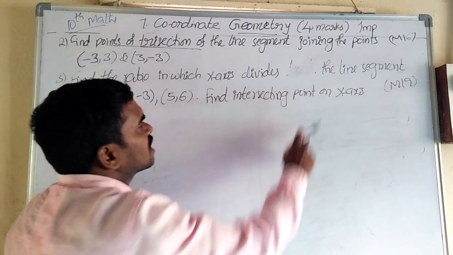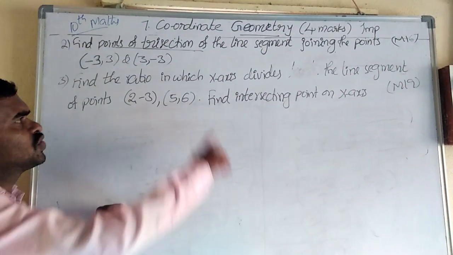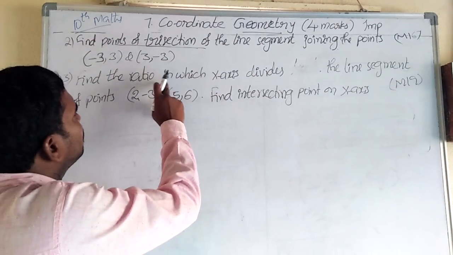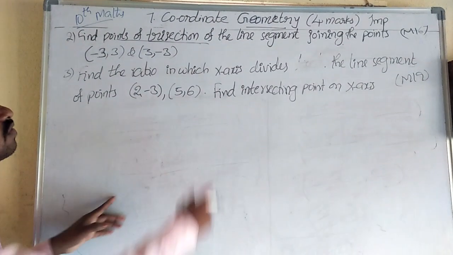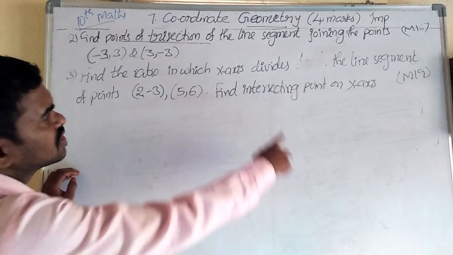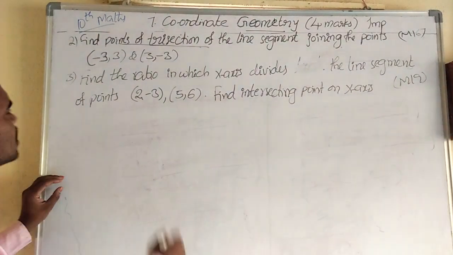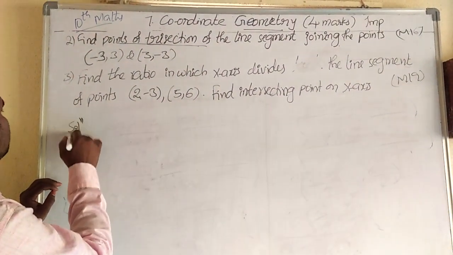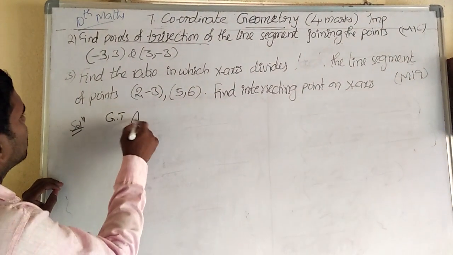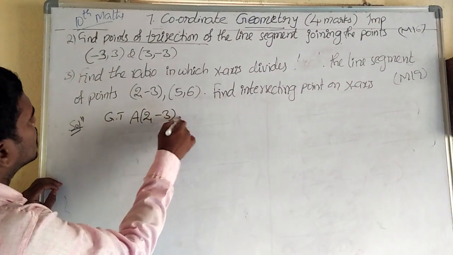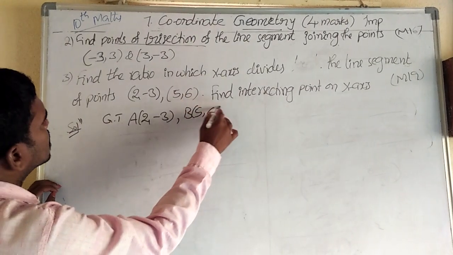Find the intersecting point on the x-axis. In these two questions, one is to find in which ratio the x-axis divides, first we have to find the ratio. Second is to find the point of intersection. So solution. Given that, let me take the first point A as 2 comma minus 3, B as 5 comma 6.